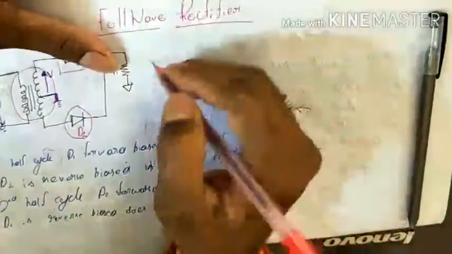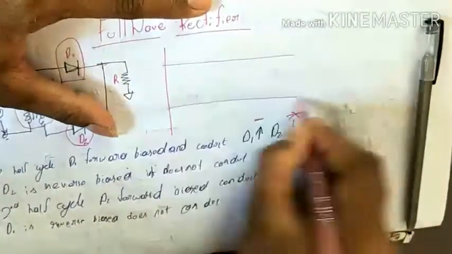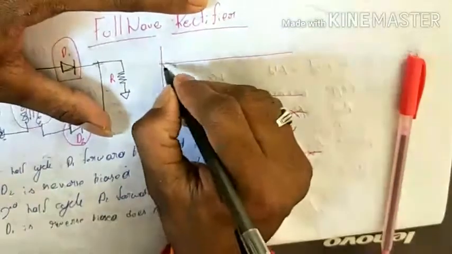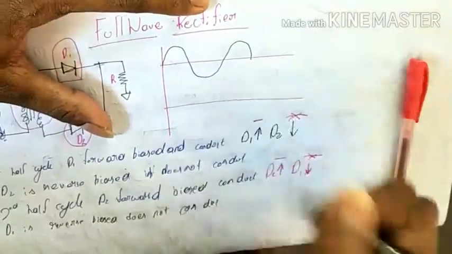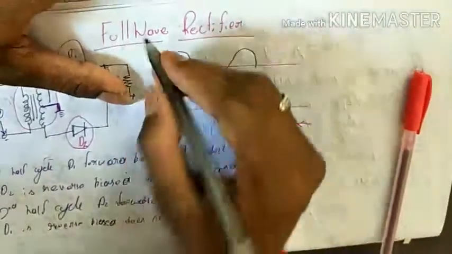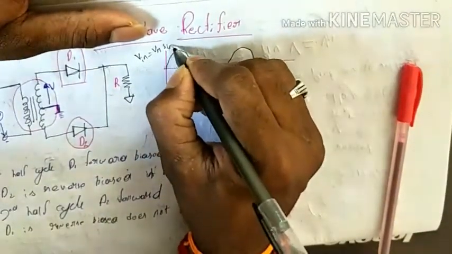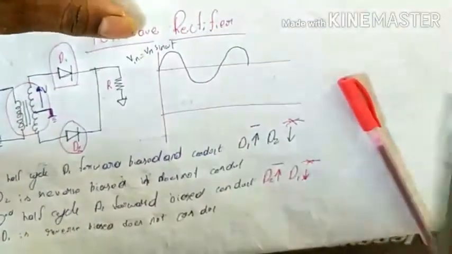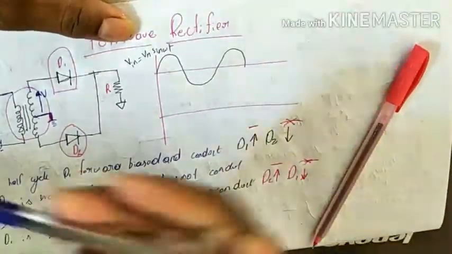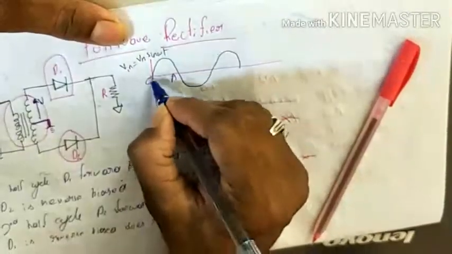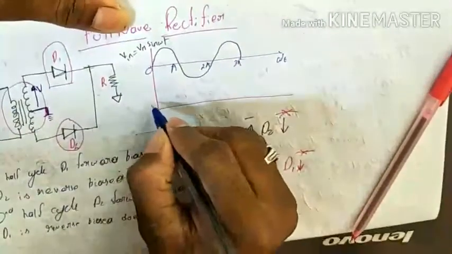Now see here, the input waveform is Vin equals Vm sin omega t. Now we are going to draw the output voltage against pi, 2 pi, 3 pi; this axis is omega t and this is V out.